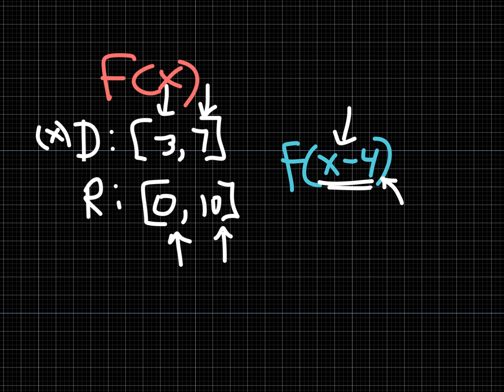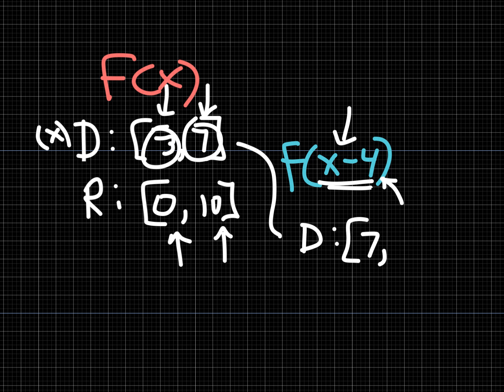So everything on my domain just moved 4 to the right. So I need to add 4 to this and this. And my range will just stay the same. So my new domain would be adding 4 to the 3 makes 7, and taking the 7 and adding 4 to that makes 11.